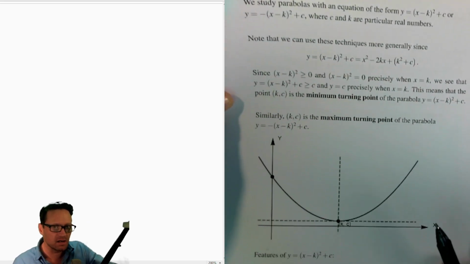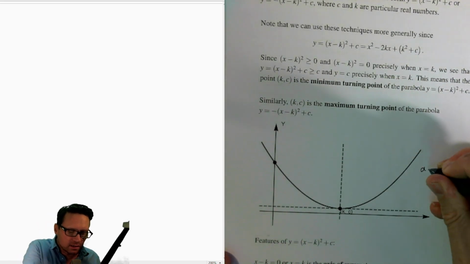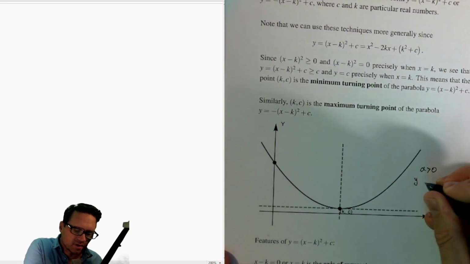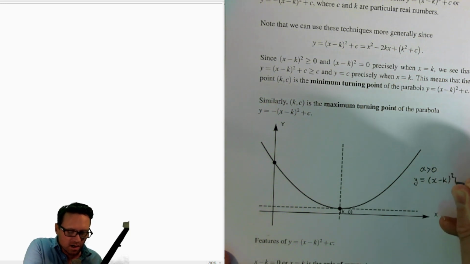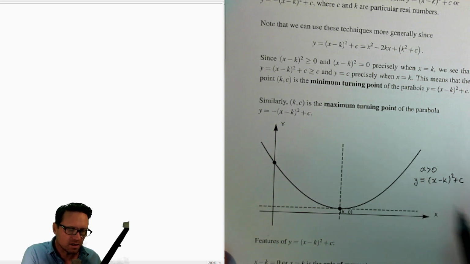Okay, so let's go down and look at our picture. Here I've got a picture of a parabola with leading coefficient a positive, and what I'm talking about here is the parabola of the form y equals (x minus k) squared plus c. So a is usually referred to as the leading coefficient of the parabola in expanded form.